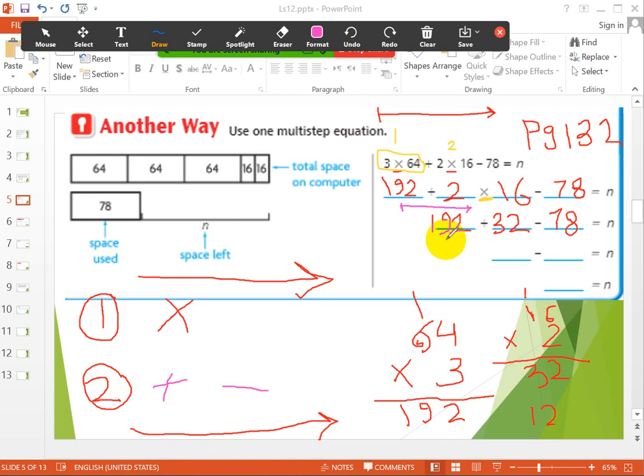So let's start. First thing I have to do what? This is the first operation, plus. So I have to do this one, then I have to do the subtraction. Okay? So I have to add 192 to 32. Let's add the numbers. 192 plus 32.